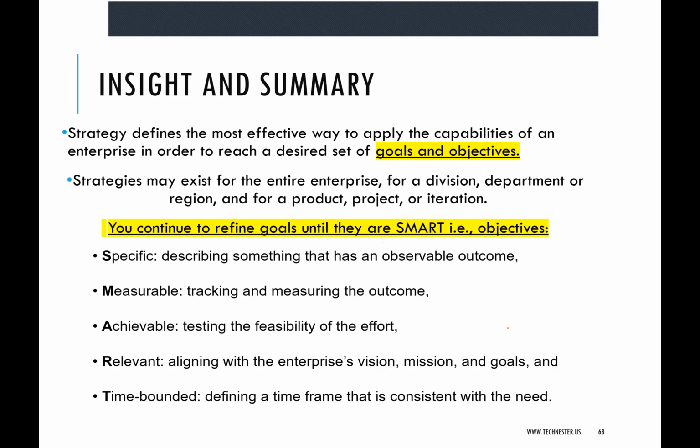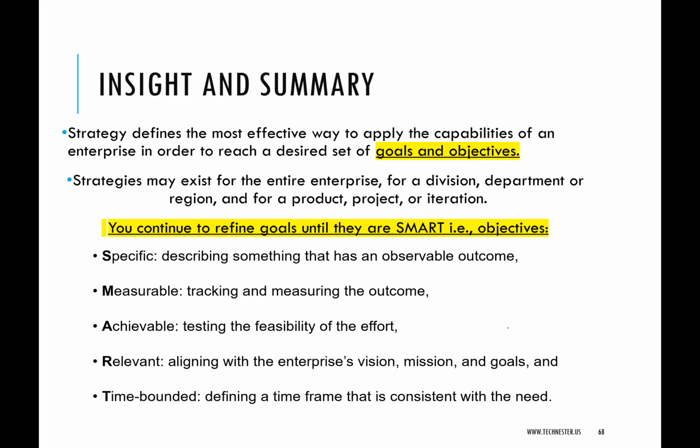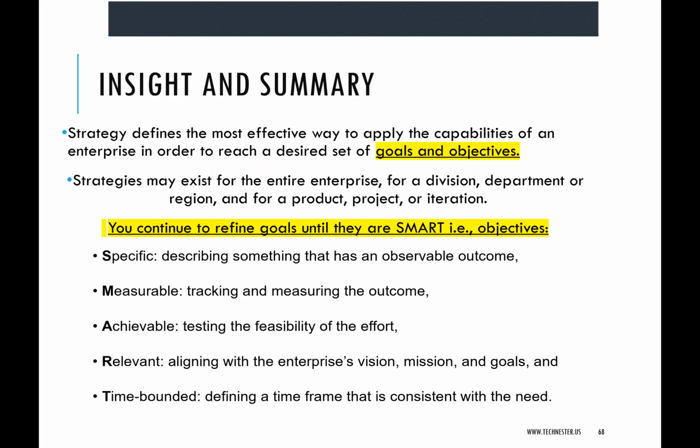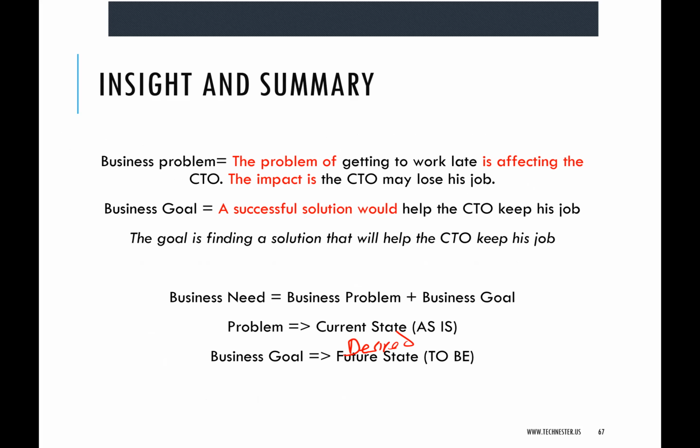So let's round off this part of strategy analysis by reminding ourselves that strategy defines the most effective way to apply the capabilities of an enterprise in order to reach a desired set of goals and objectives. You see, that goal that I talked about, that I said business goal is the future state.